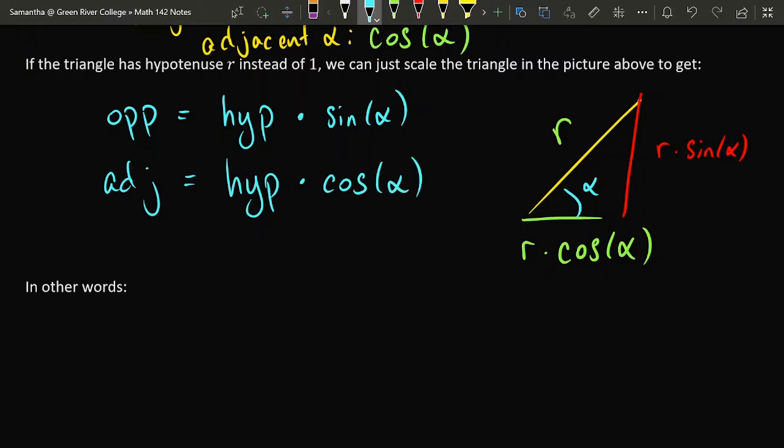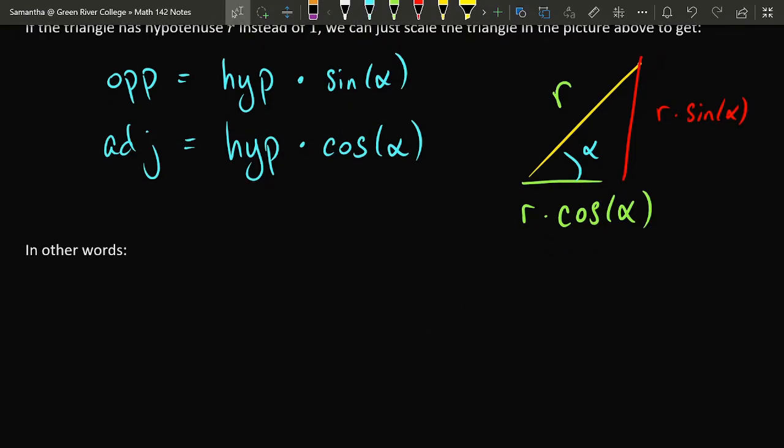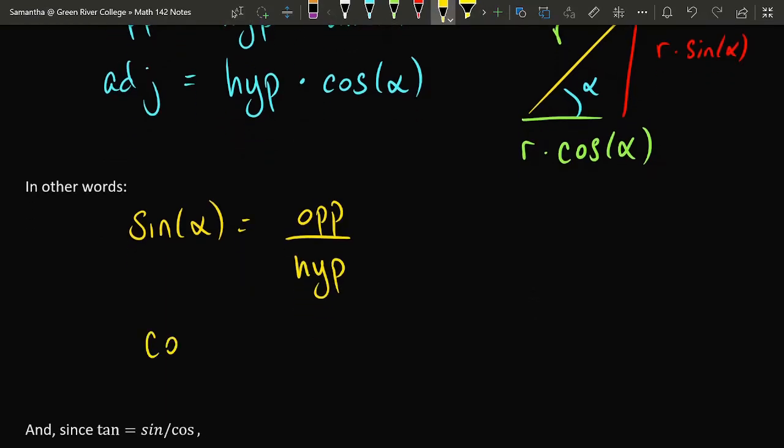And so if I rearrange these two equations, I get the following result. Sine of the angle alpha is equal to the length of the opposite side divided by the length of the hypotenuse. And cosine of the angle alpha is equal to the length of the adjacent side divided by the length of the hypotenuse.